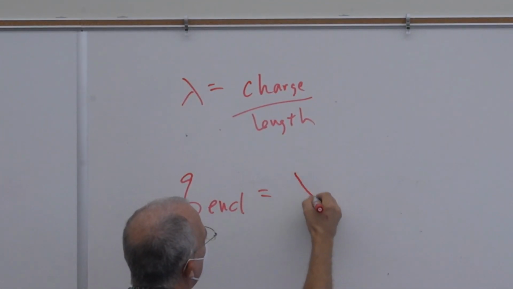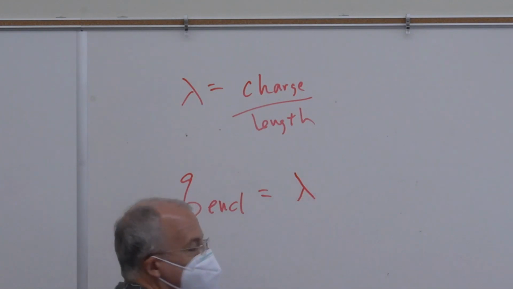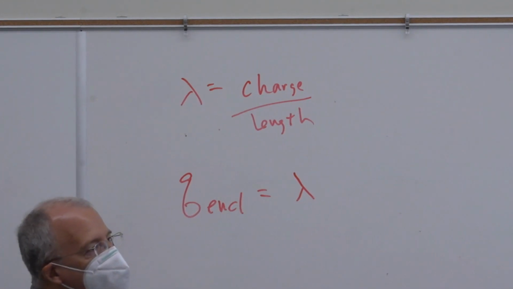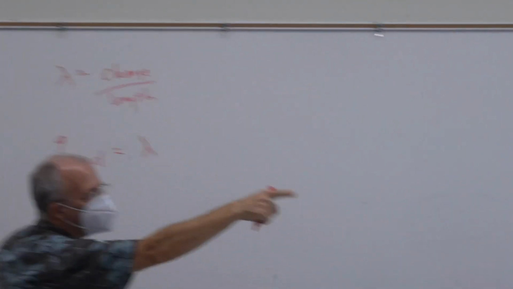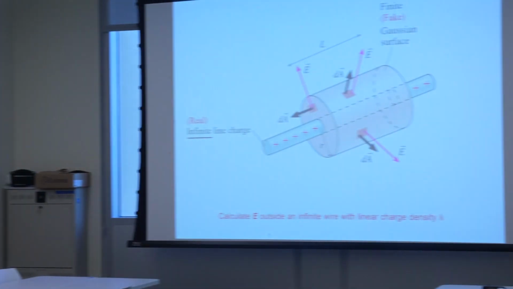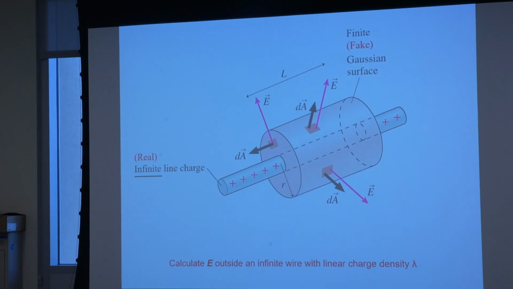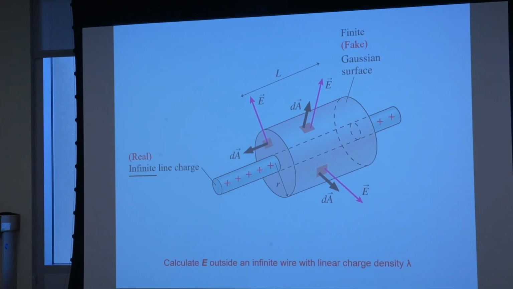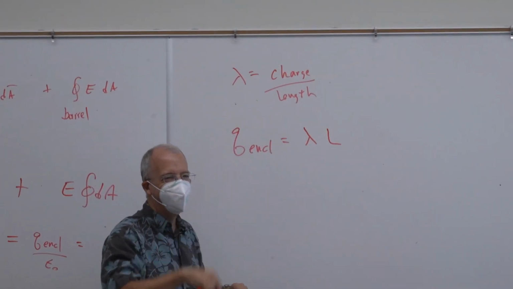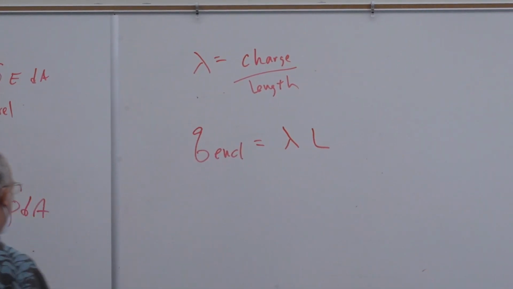Lambda times what? We want to know the charge enclosed in that little cylinder. The little cylinder has a length L. So what's the charge enclosed in that little cylinder? Yeah, lambda L. Does that make sense?